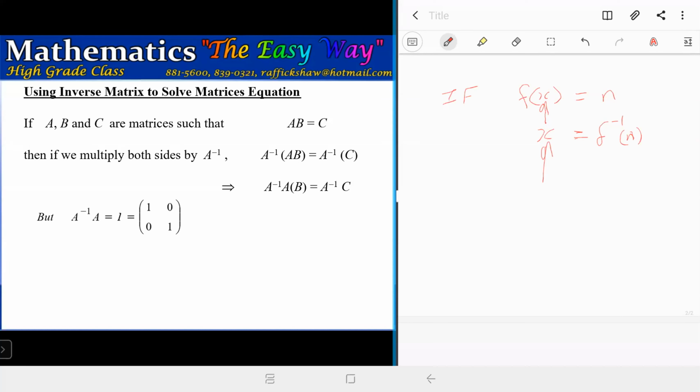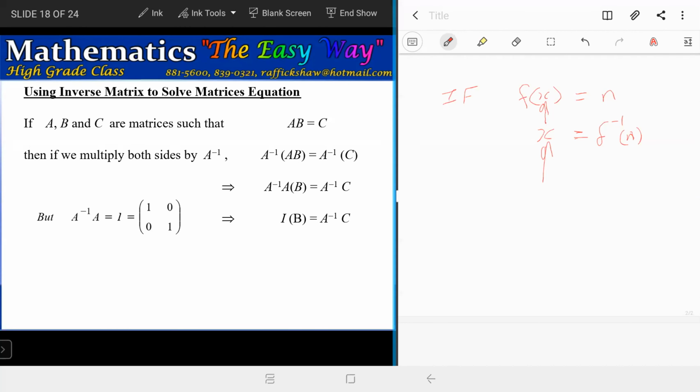All right. And what will happen now is that the A to the minus 1 A becomes I. Everybody can see that. A to the minus 1 times A, this becomes that.